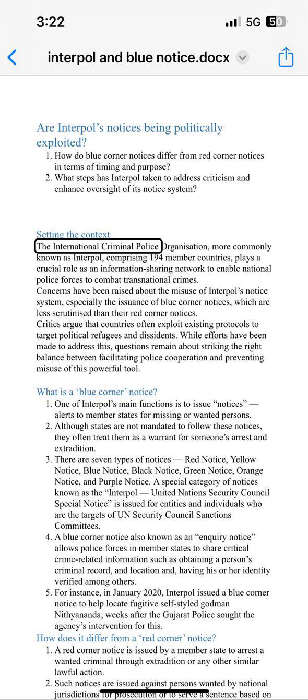It is the notice through which the affected country can seek the information of the missing person or the minor, to identify the persons, in the case where they themselves are unable to identify.